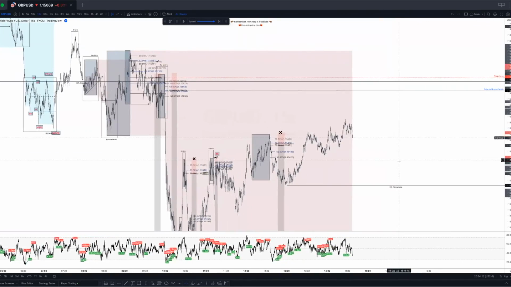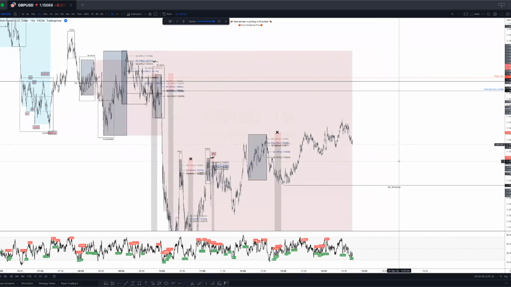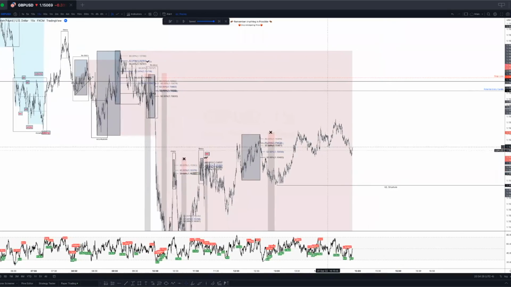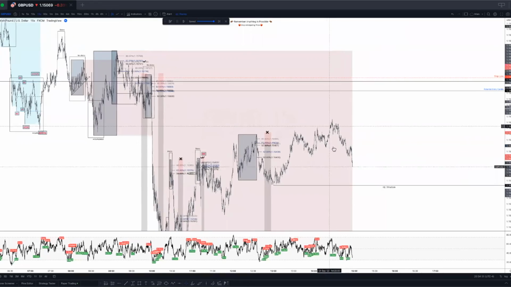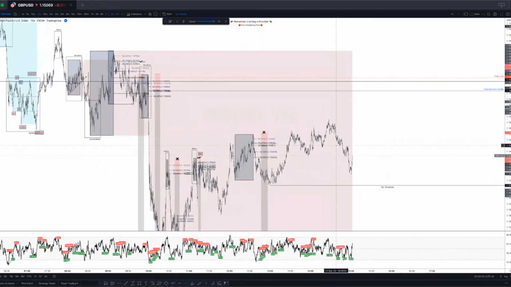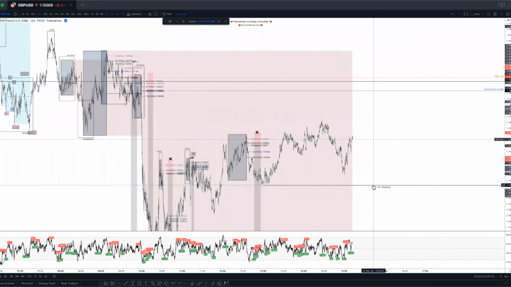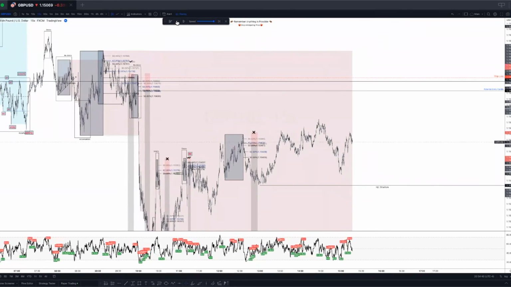So with us winding down, not London, sorry, New York. So it's 3. We took out their structure up here. We may end up taking this low now, sort of reaccumulate it, coming up to the structure.